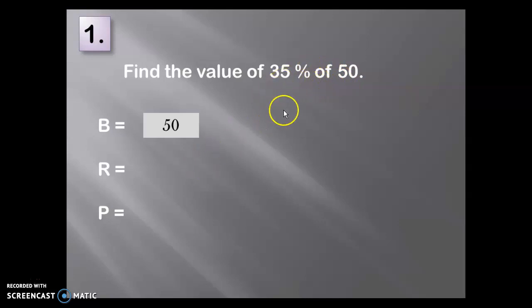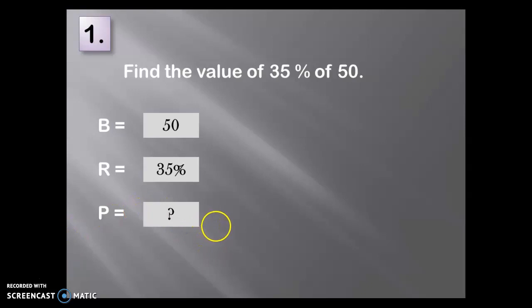Now, can you tell me what is the rate? If you said 35%, then you are correct because it has the percent sign. Since P is missing, that's what we are looking for.